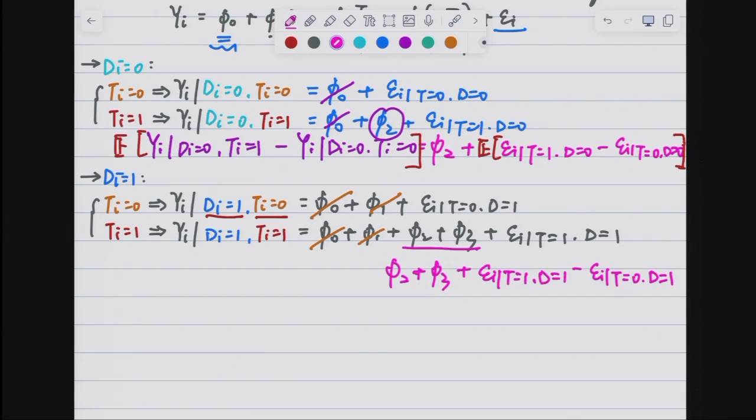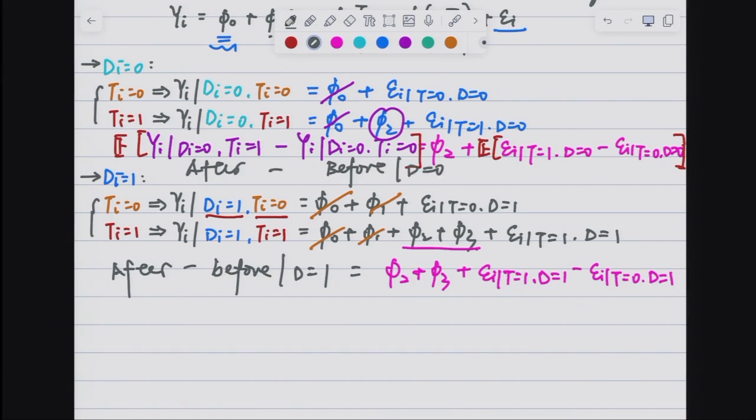So this is the before-after, so it's the after minus before, conditioning on you're in the treatment group. This is similarly the after and before, conditioning on you're in the control group. And if we again simply take the expectation, the phi's constant doesn't matter. It's just that we need to take the expectation of the error terms.